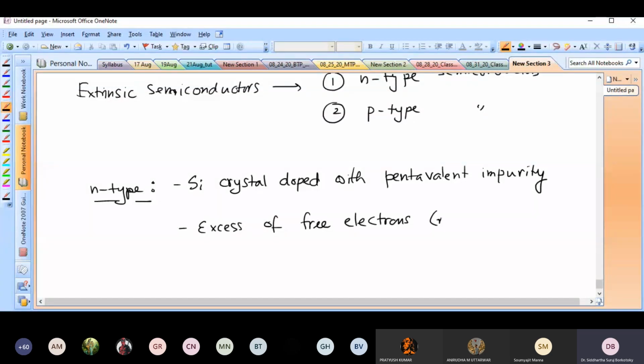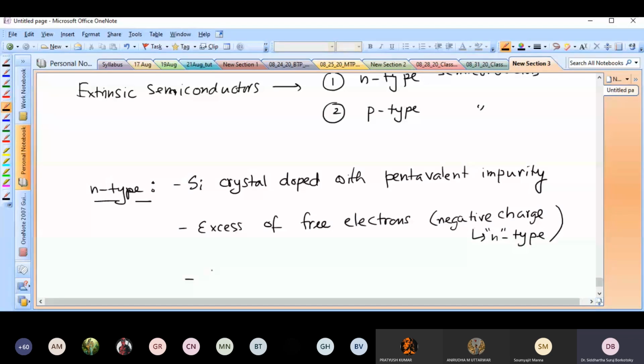So this is negative charge, an excess of the negative charge. That is why it is called N-type, the word N comes because of this. Because it has a lot of negative charges in here, we call it an N-type semiconductor.